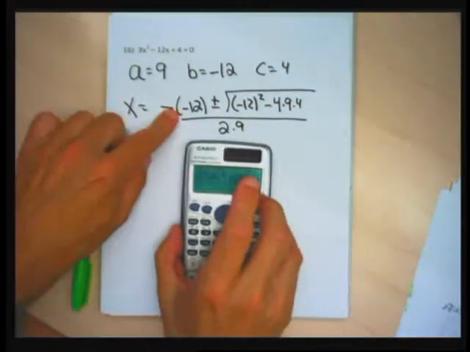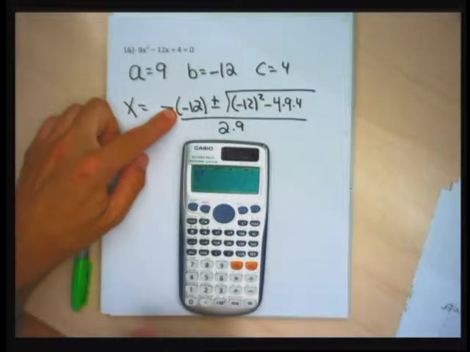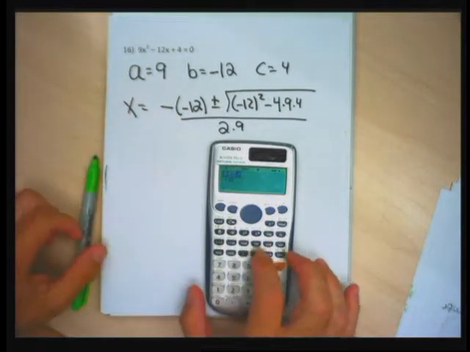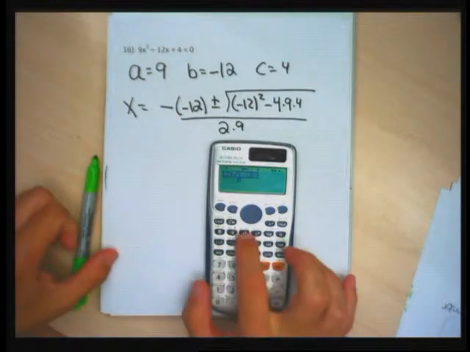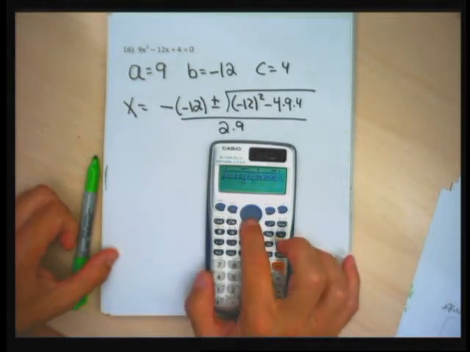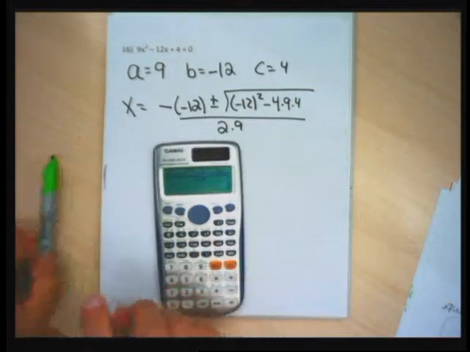Calculator time. This double negative, I'm going to make a positive. So fraction positive 12 as opposed to double negative, plus square root parentheses negative 12 squared minus 4 times 9 times 4 over 2 times 9. Oh, 2/3. What a lovely answer.